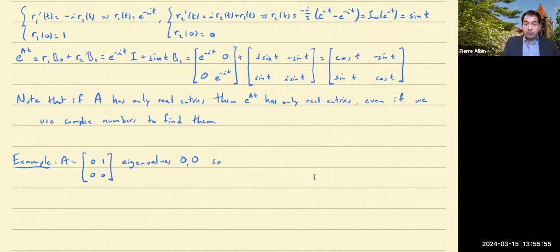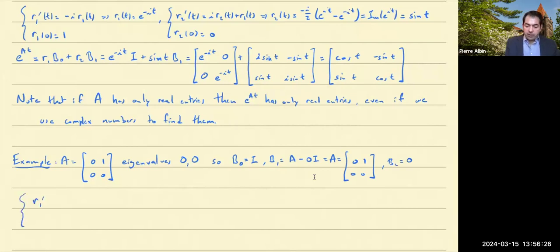But for Putzer's method, you need to repeat the eigenvalues with their multiplicity. So here, because 0 has multiplicity 2, I repeat it twice. So B0 would be the identity matrix, and B1 would be A minus 0 times the identity, so that's just A. So 0, 1, 0, 0. B2 would just be the zero matrix by Cayley-Hamilton.